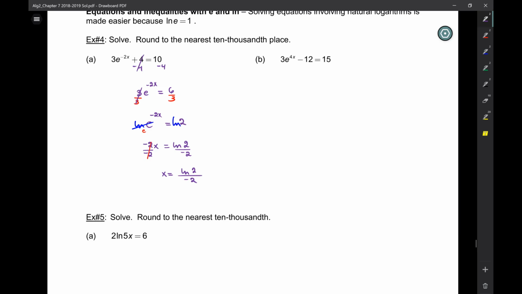And let's plug that in the calculator. Where would we find ln? Right next to one. Oh, thank you.